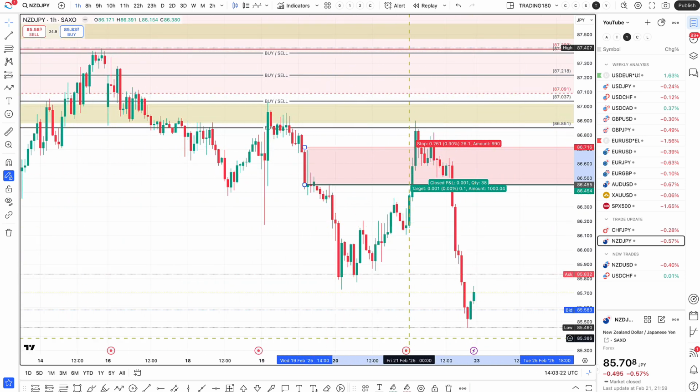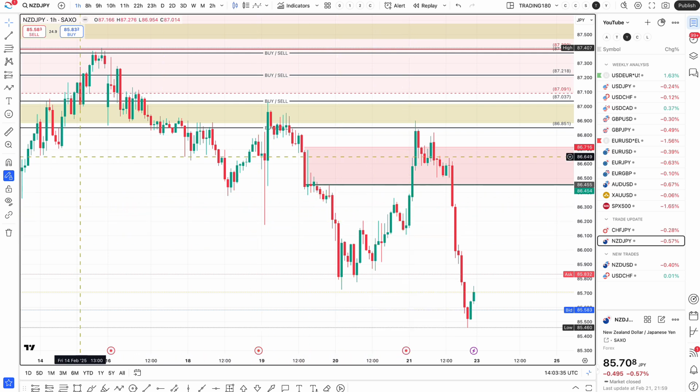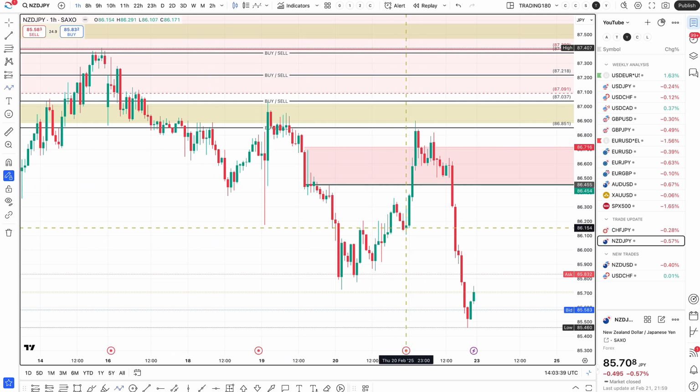And then we had some good news for the trade anyway. So the inflation rate actually went higher than forecasted, or higher than the previous at least. And so in the short term, when news comes out positive for your trade, sometimes what can happen is that the market can do the opposite, right?